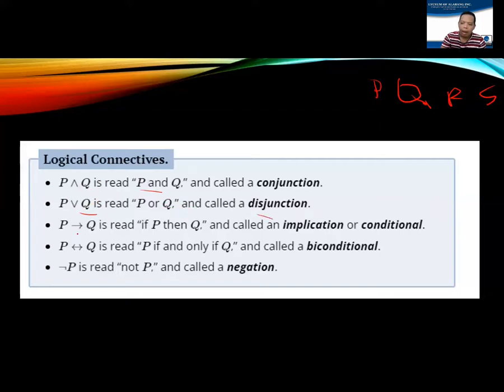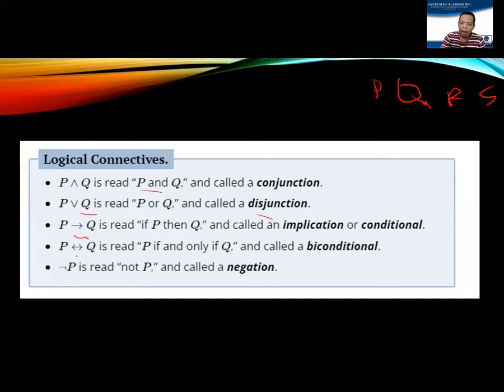The other one is P, then Q. This is the symbol which implies P follows Q, or P implies Q. Now this can be read as if P then Q. This is sometimes called implication or conditional.